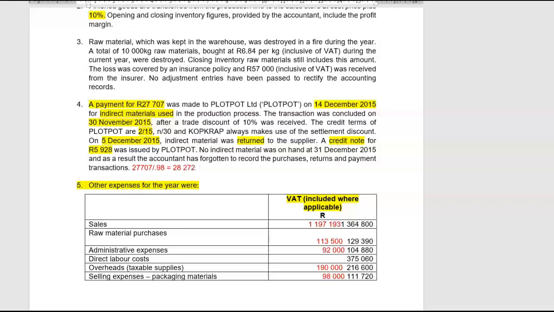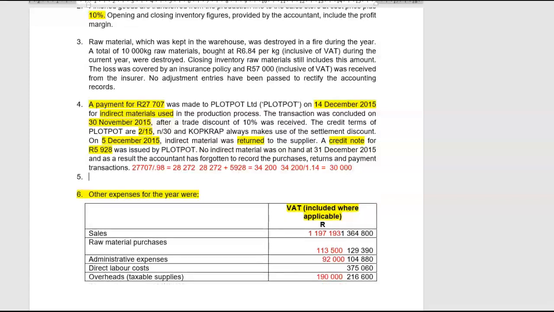That gives us 28,272. Now, obviously, because we have returned some stuff to the creditor, the original invoice was more than the 28,272. That would have been equal to the 28,272 plus the value of the credit note that we've received for the goods returned. So the original invoice was for an amount of 34,200. Now that's easy. Once you derive there, and this is first semester work, we take the 34,200, we take out the VAT, and we say the VAT exclusive amount is 30,000 Rand.